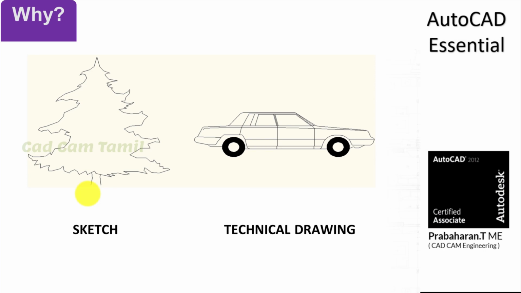Every part of the car has a prescribed shape and size. It needs a specified tool, like a compass, protractor, pro circle, or scale, to draw such a shape in a proper way. That is why it is called technical drawing.